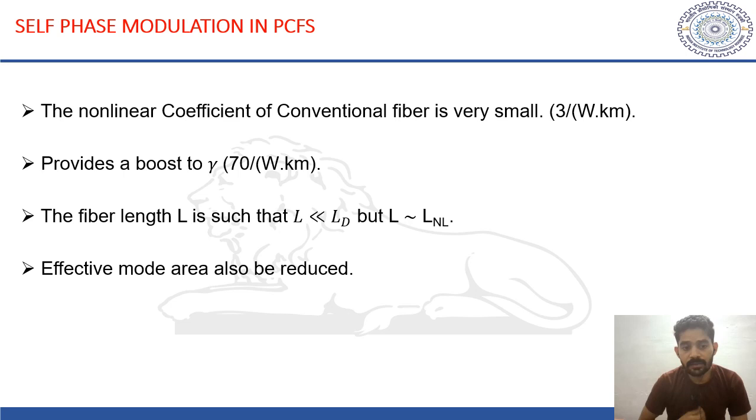That affects our gamma, because if the effective mode area is very high, that reduces gamma. If the effective mode area is very small, then our gamma is very high. That's why we use photonic crystal fiber as a nonlinear medium.